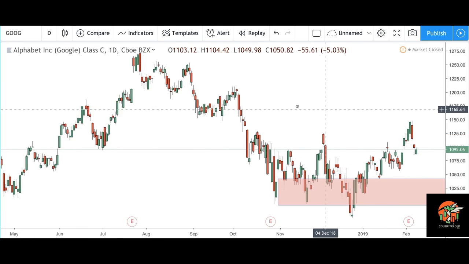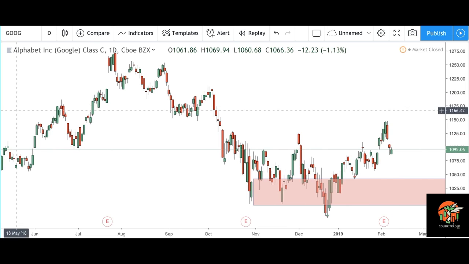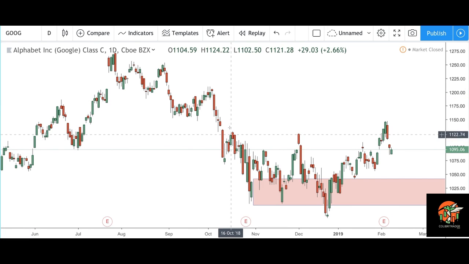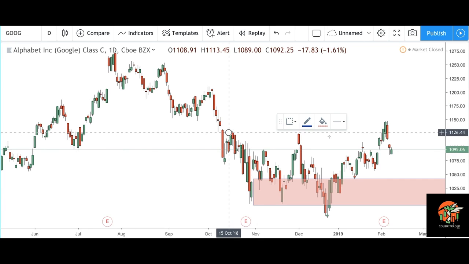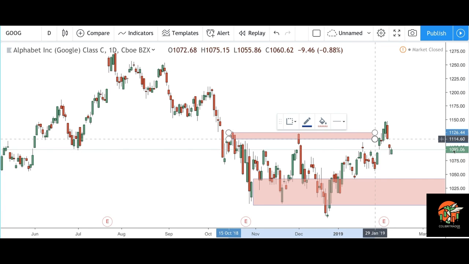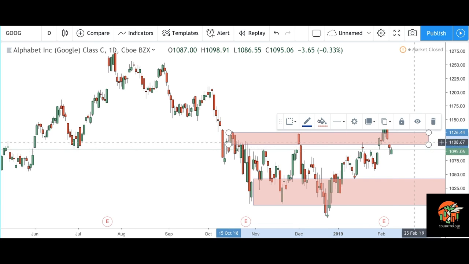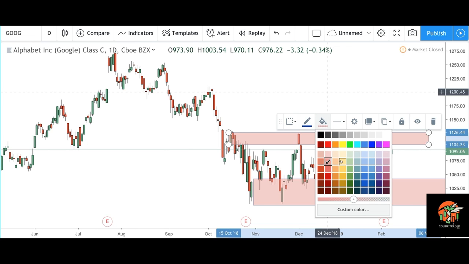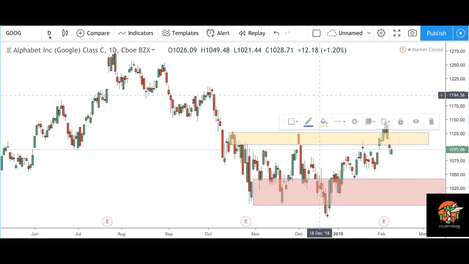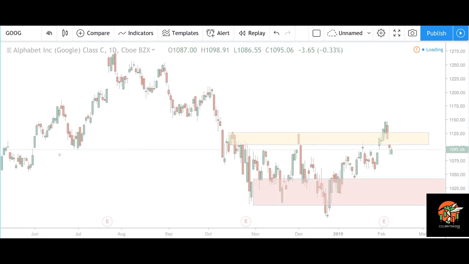So back to the daily chart, what I'm looking for at the moment is, I need to be careful, because there is a supply area here, and having said that, the price has just gone above this area. So this is actually a short signal, and let me change the color of this one.